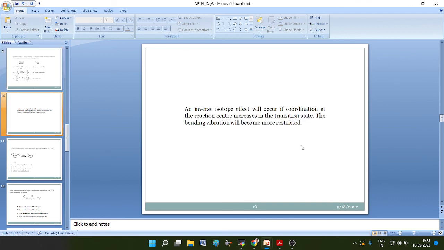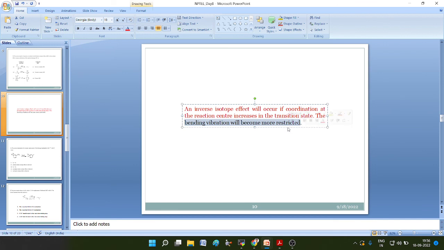You can note it, from Carey and Sundberg. An inverse isotope effect will occur if coordination at the reaction center increases in the transition state.